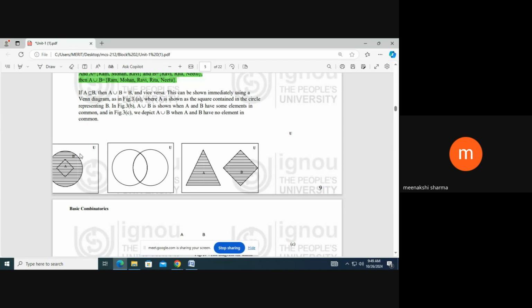In between the universal set, we use set A and set B. Set A or set B, all the elements, called union set. And there is another example like this. A has a triangle shape and B has a diamond shape. Both have different elements and similar elements. All the elements of set A and B are called union set.